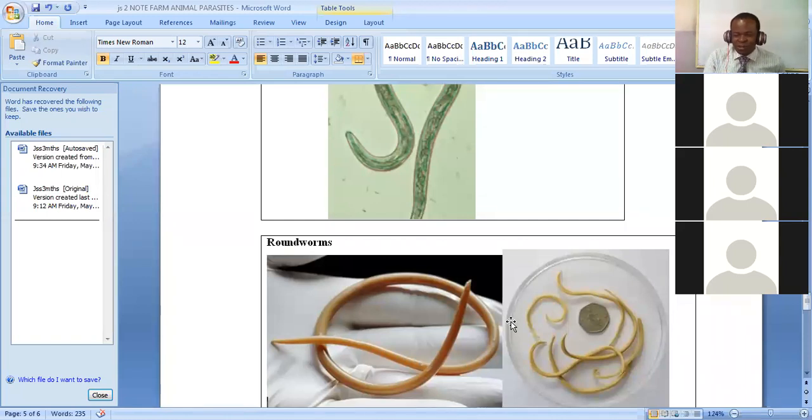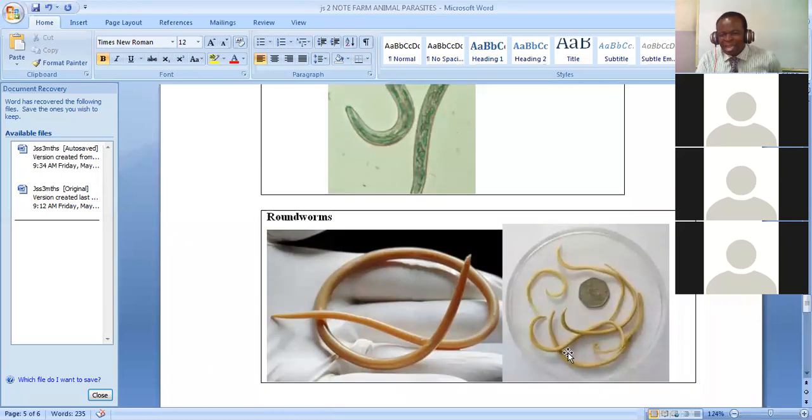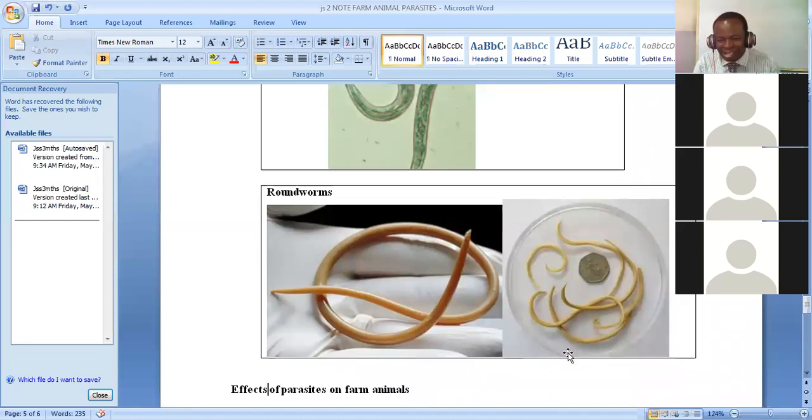And if you were observant, maybe you will have seen this type of worms in your feces. Okay, so these are roundworms. Some of them are in human beings, some of them are in other animals also. So the picture on the left and picture on the right are both roundworms. Now look at the structure in case you see these drawings in your exam.